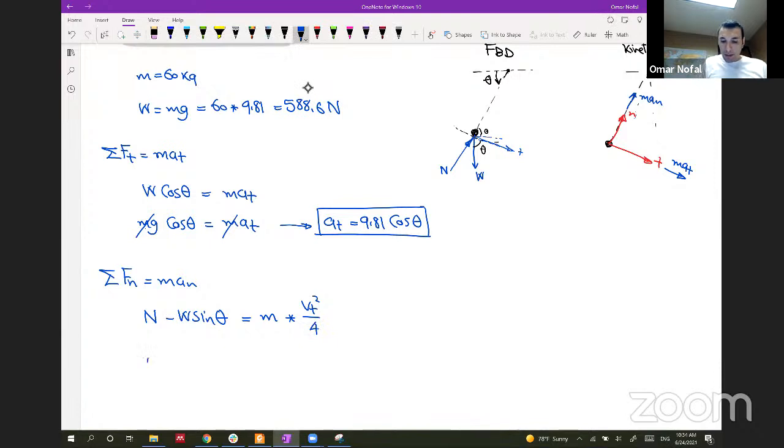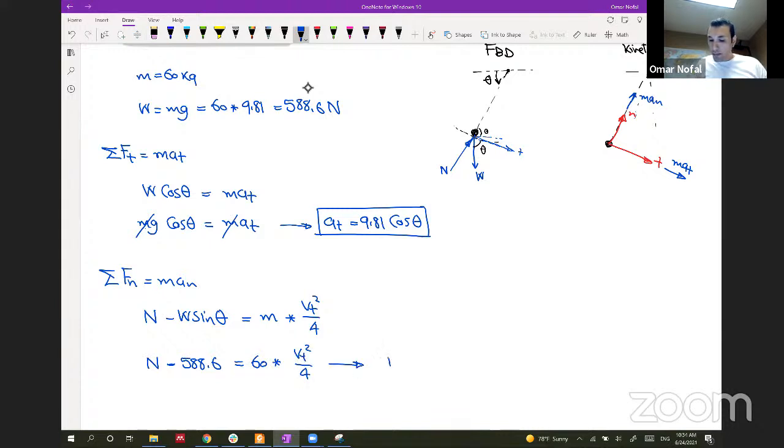We don't know N, which is what is required in the problem. And here we have W, 588.6, equal to m, which is 60, multiplied by VT squared over 4.